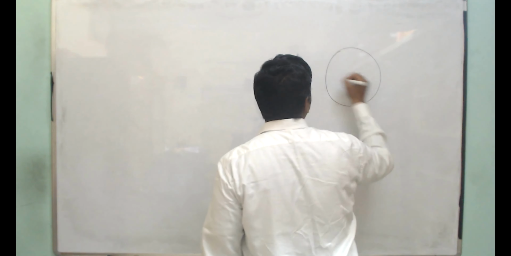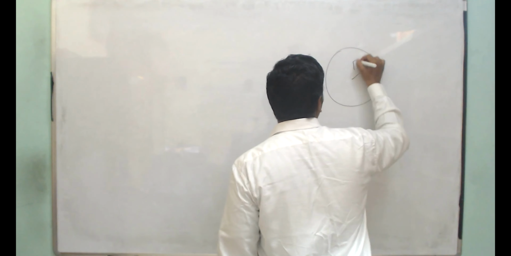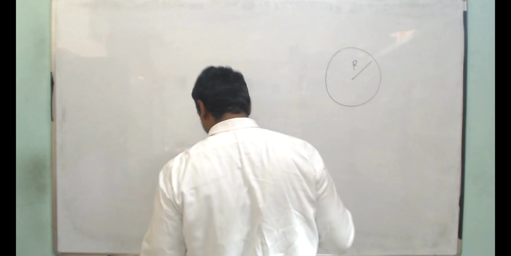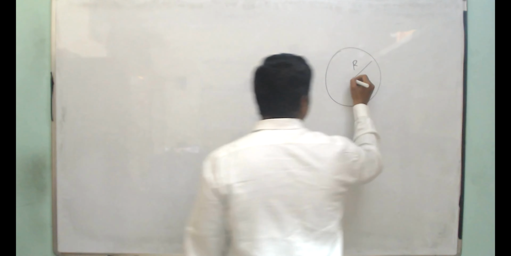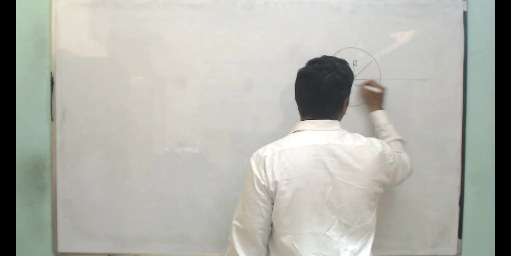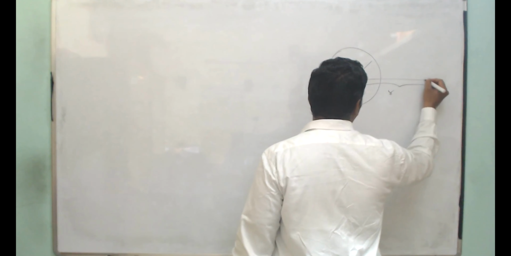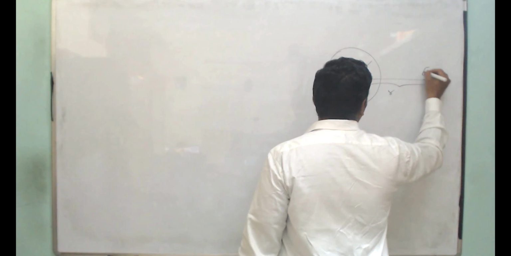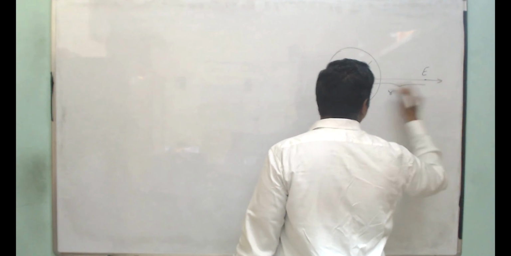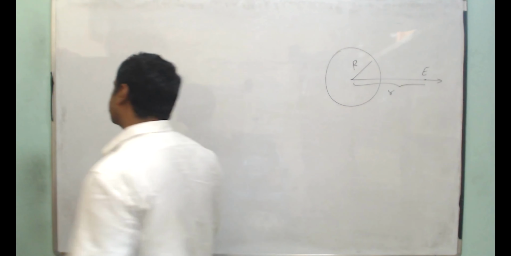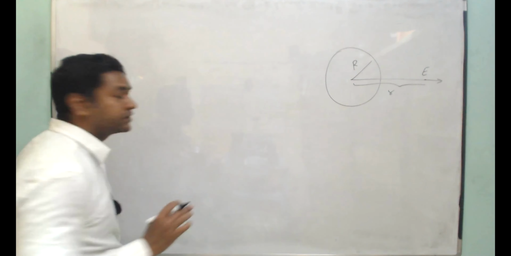We have a hollow sphere of radius R, and we want to find the electric field at a distance of small r. Obviously we know the electric field should be directed away from the center of the hollow sphere.